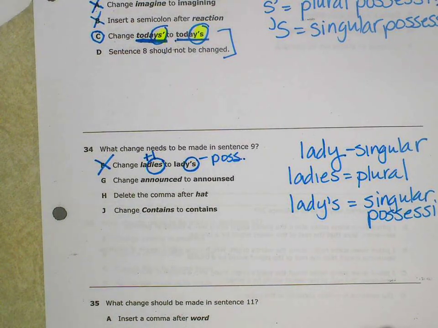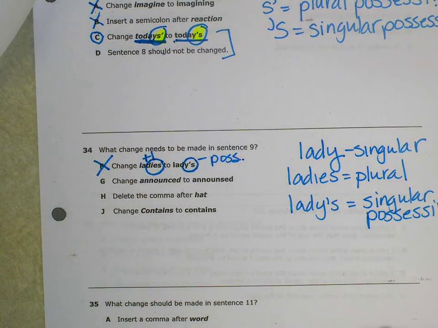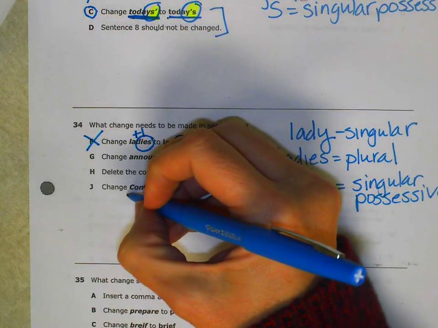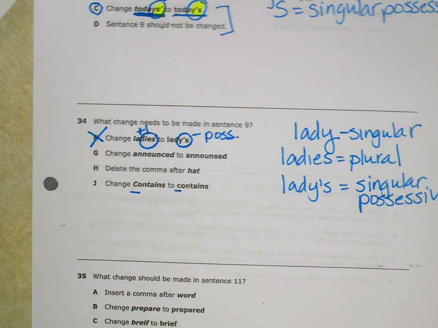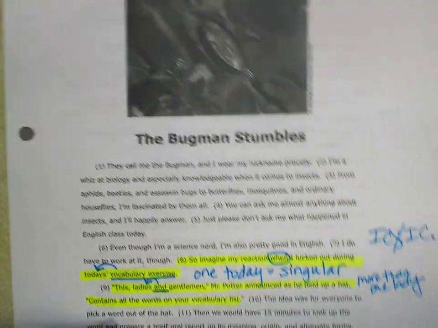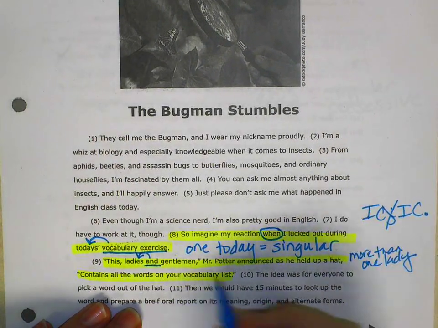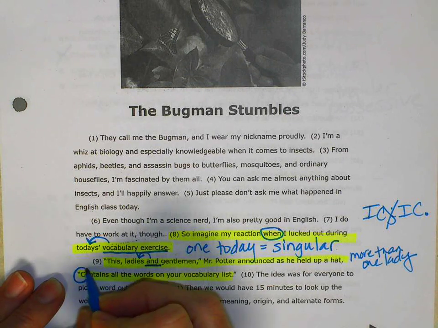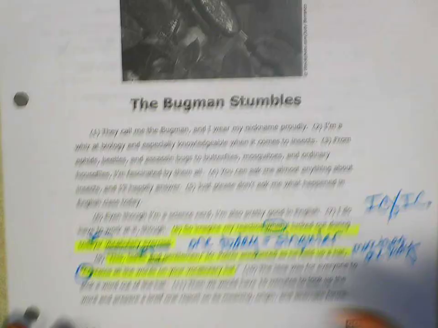So another thing we're going to look at in this video is capitalization. So let's look at J really quickly. Change contains with a capital C to contains with a lowercase c. This says, this, ladies and gentlemen, Mr. Potter announced as he held up his hat, contains. This is what we talked about in yesterday's quotation mark video.